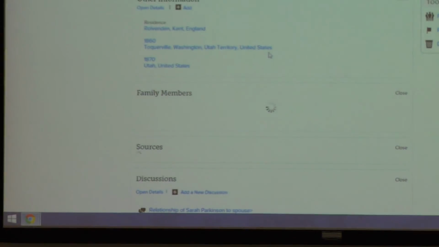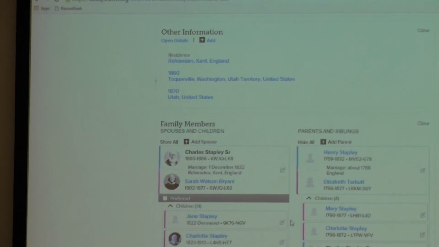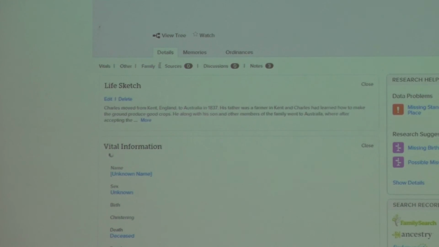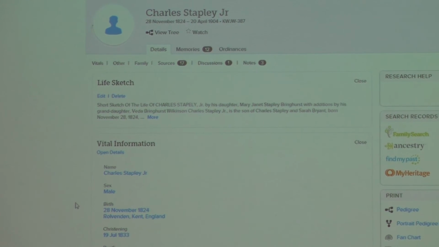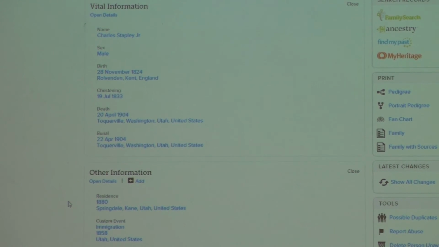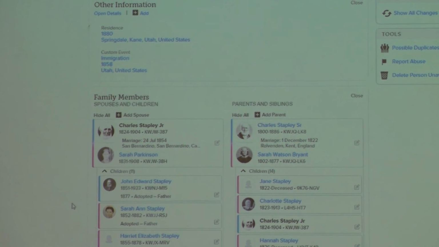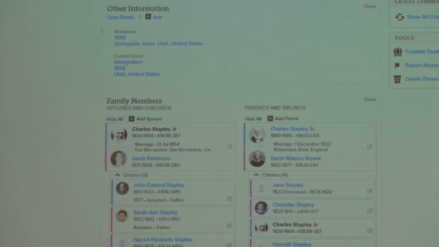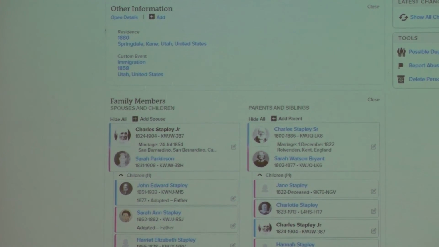So here's Charles Stapley Sr. and his family, and here's Charles Stapley Jr. and his family. And if I'm going through this very quickly, it's because, yes, I do know who all these people are. And who am I looking for? I just forgot because I was doing that. Oh, Jane Elizabeth Stapley.